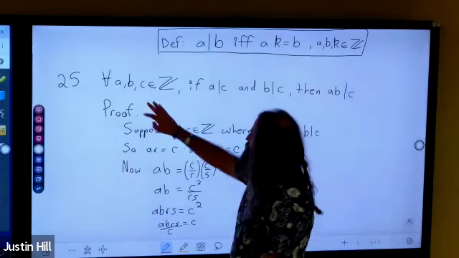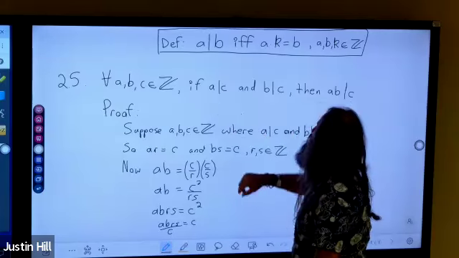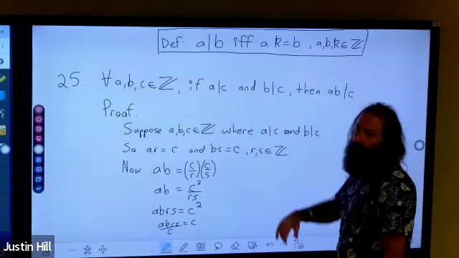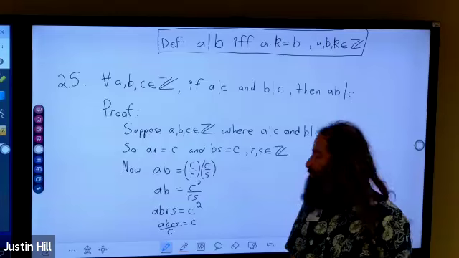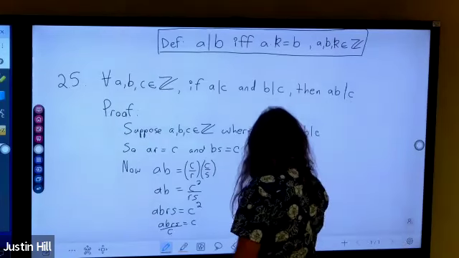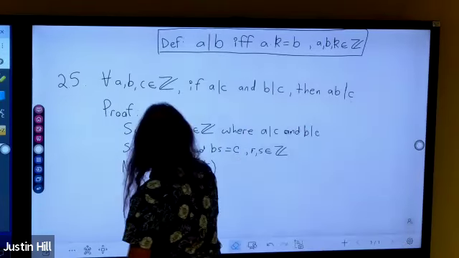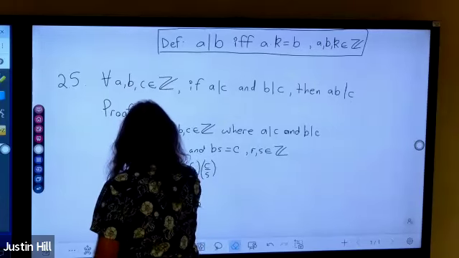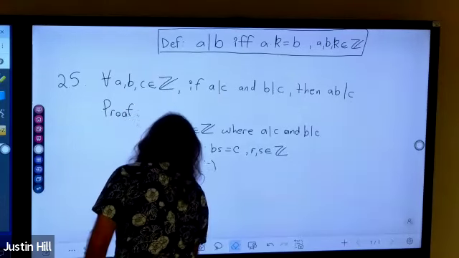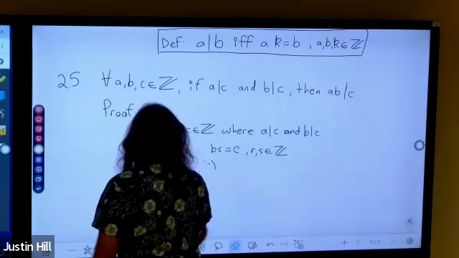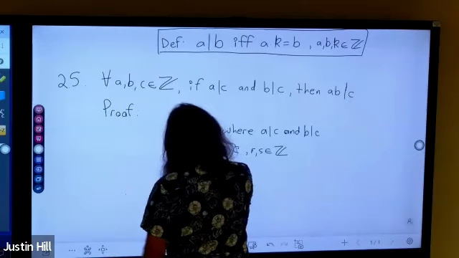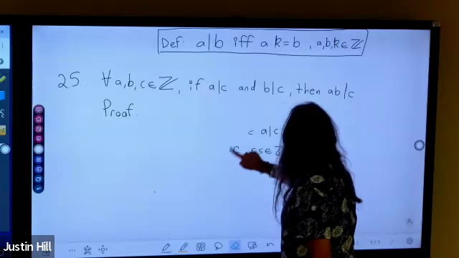I need some A, B, and C where A divides C, B divides C. But when you multiply A and B together, they don't divide C. I want you guys to think about that for a second.